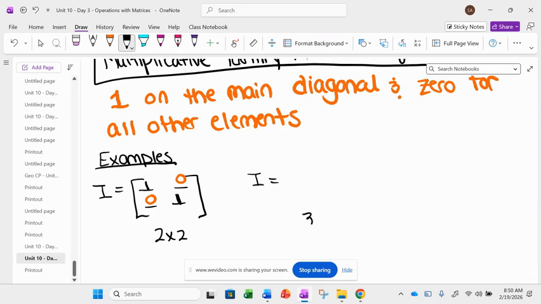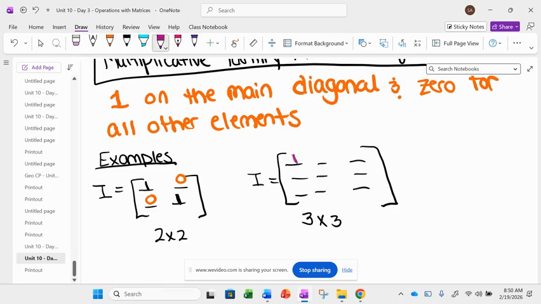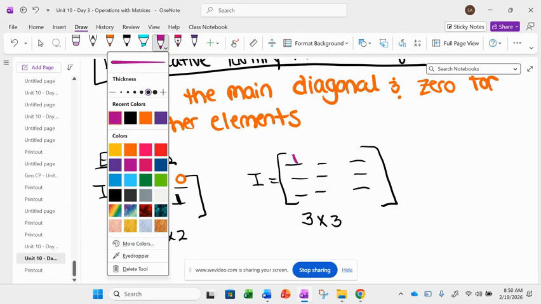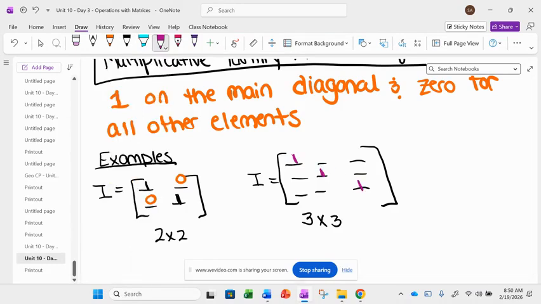So I, for a 3 by 3, will be ones on the main diagonal. 1, 1, 1. And then what do we put everywhere else? 0. We get the gist? Okay.